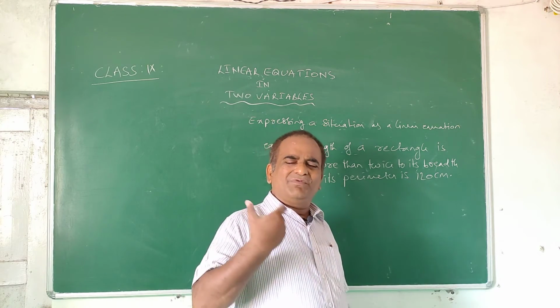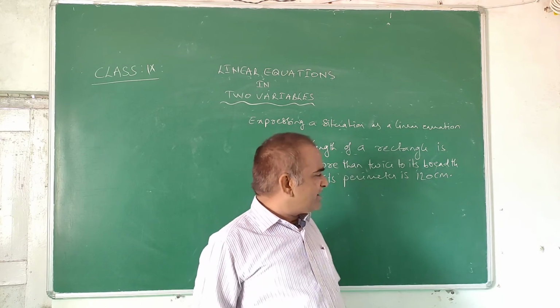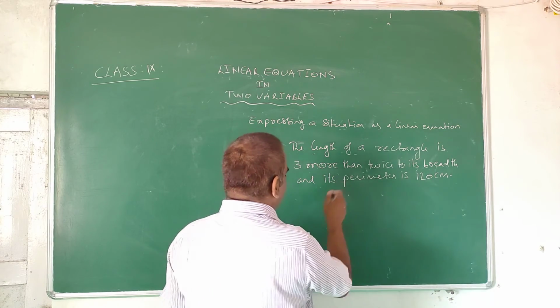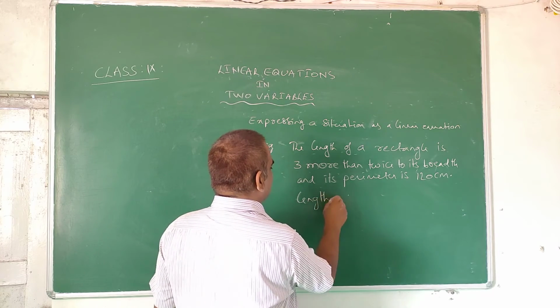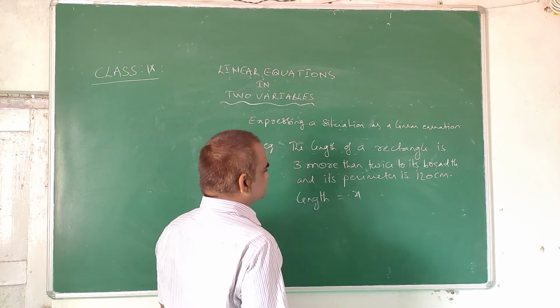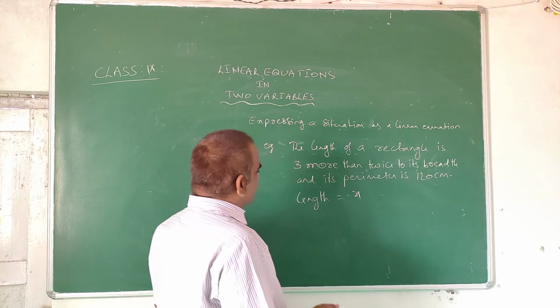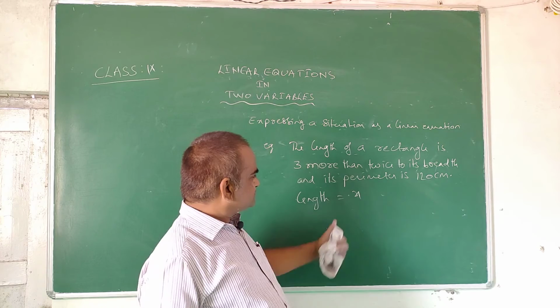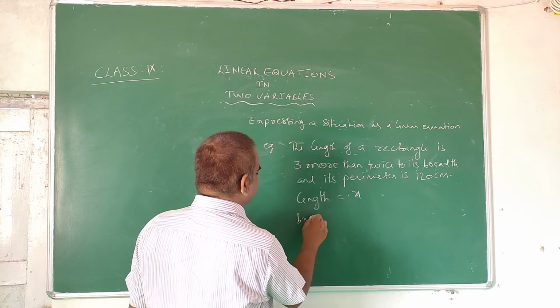Not only this, so many situations you have to face. So accordingly you have to respond. So here we have to introduce the variables. Let us introduce the length as x. Now as per given, you consider length is x, breadth is y.